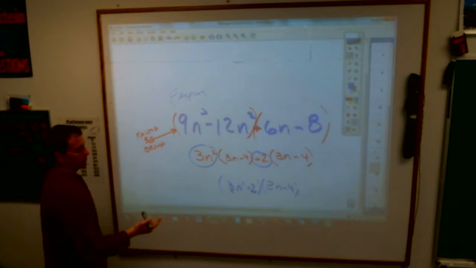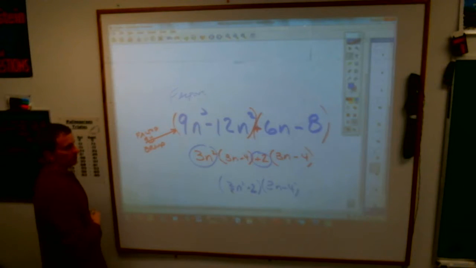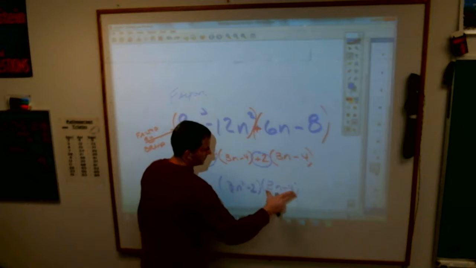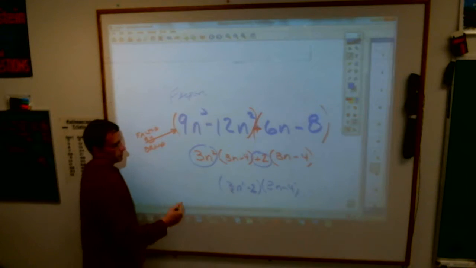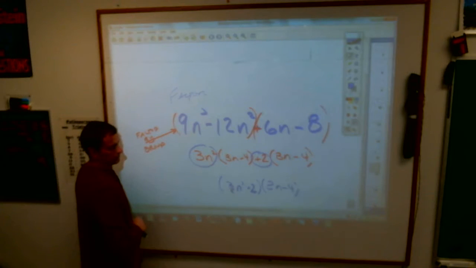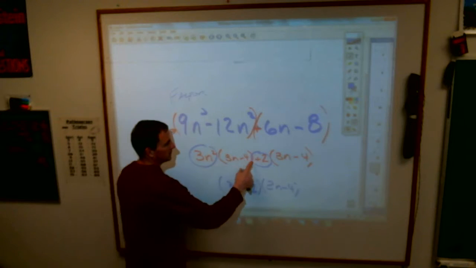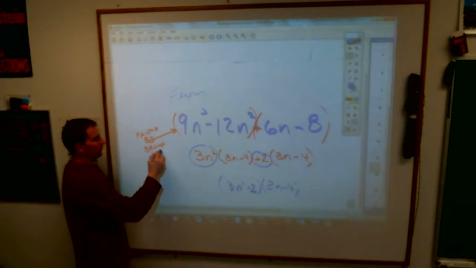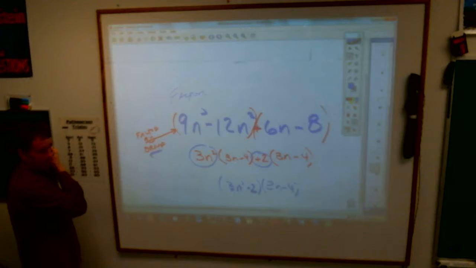That's the same thing we just did with that last problem, but backwards. If you come up with the same thing in parentheses, you can take it out, because that's just reverse distributive property. We took out the 3 and multiplied by that. That is factoring by grouping in a nutshell.